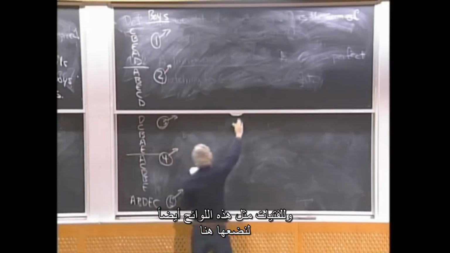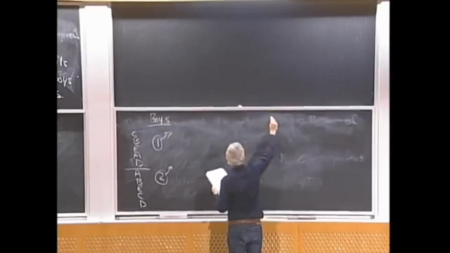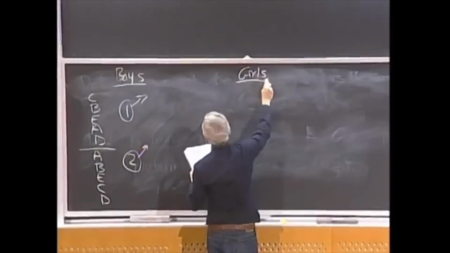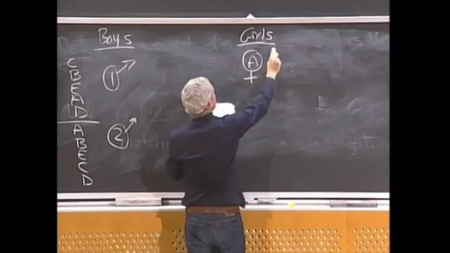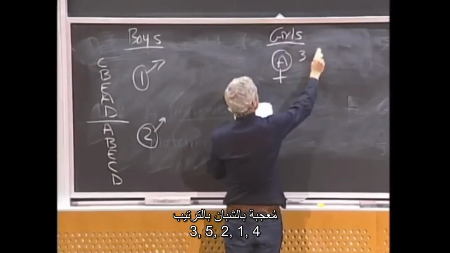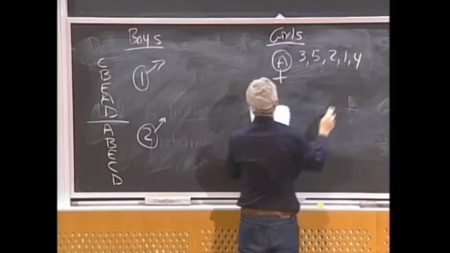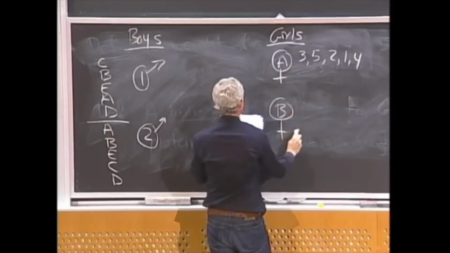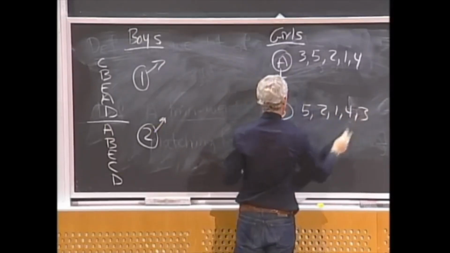And the girls also have their lists, so let's put those up. Girl A likes the boys in order 3, 5, 2, 1, 4. Girl B likes them in order 5, 2, 1, 4, 3.